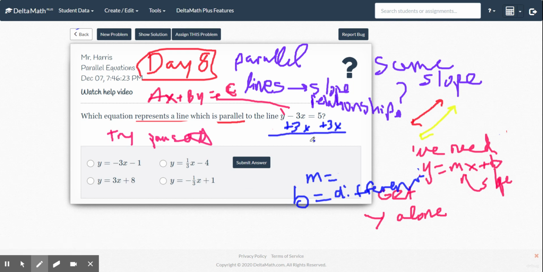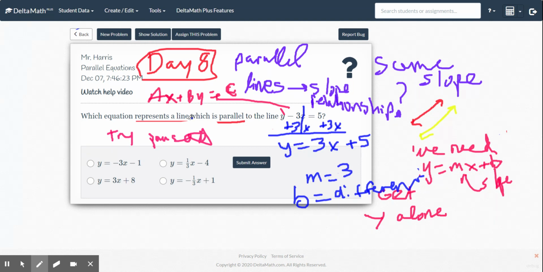Okay, guys. So I said, if we got to get y by itself and there's a minus 3x there, let's add 3x. So y equals, those don't go together because that has an x and that doesn't. So 3x, and that's a positive 5, so plus 5. The slope of this line, I'm sorry, is 3.